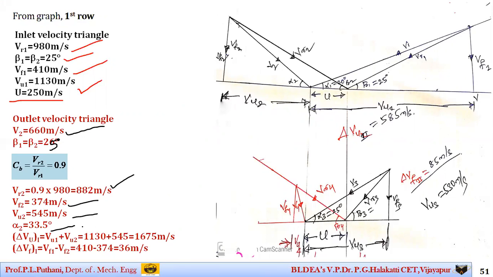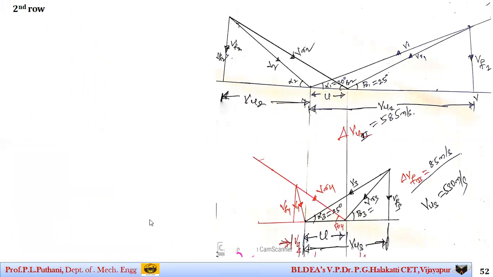Once we construct the first row set of velocity triangles, I represent the delta VU for the first stage: VU1 plus VU2 is equal to 1675 meters per second. Similarly, delta VF for the first stage is 36 meters per second. Now I have measured the values for the second row also.